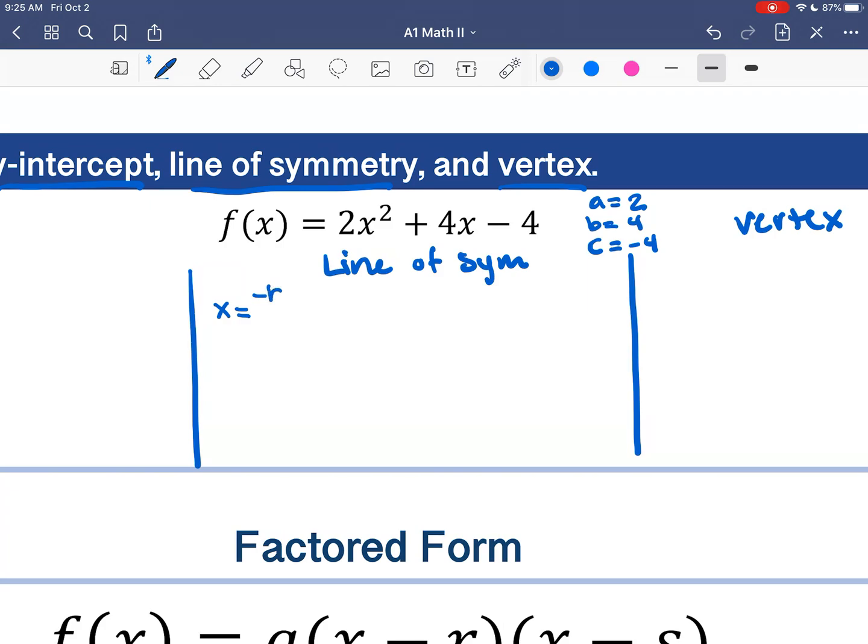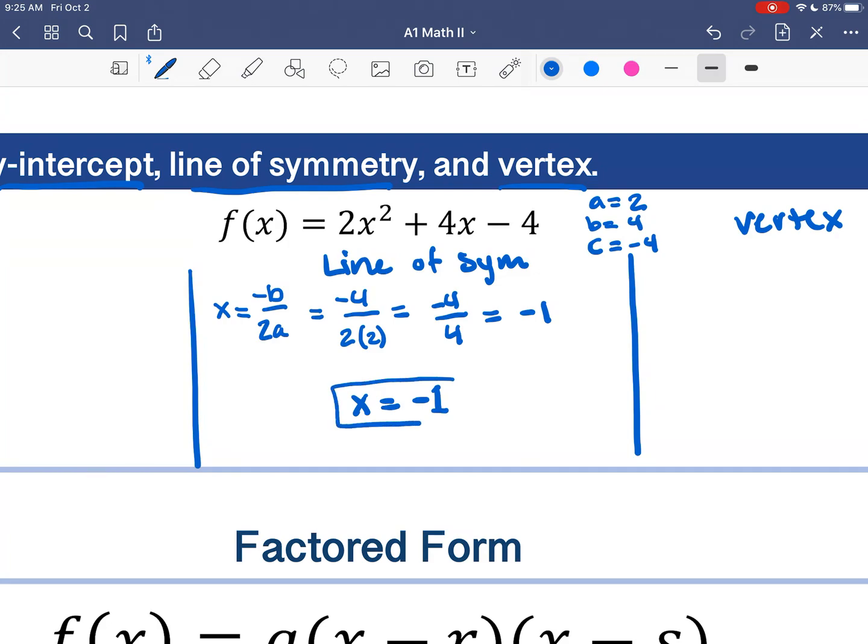So my formula says -b/2a. My b value is 4, so I'm going to put -4 on the top, and then 2 times 2 on the bottom, because of my a value being 2, which gives me -4/4. That divides nicely, which gives me a -1. So my line of symmetry is x equals -1.